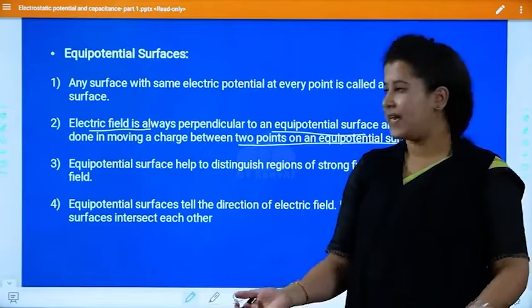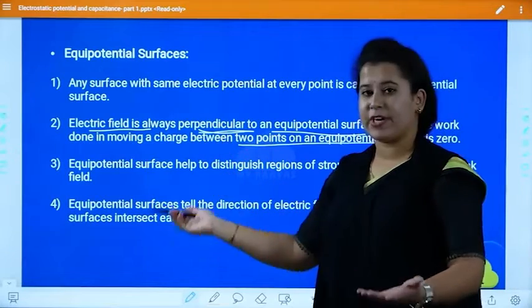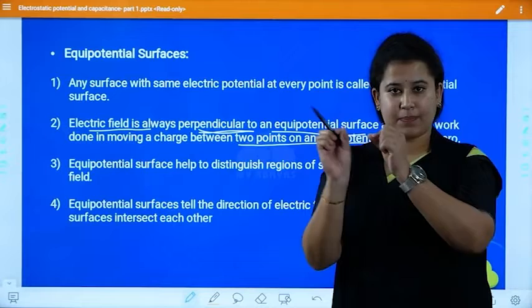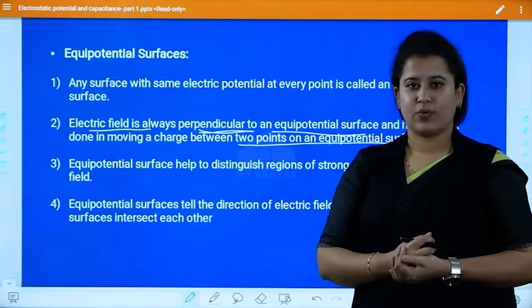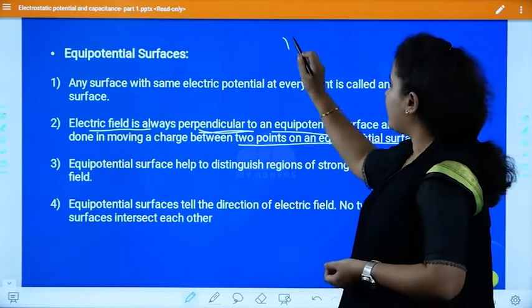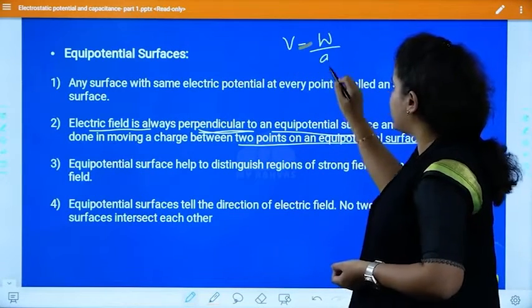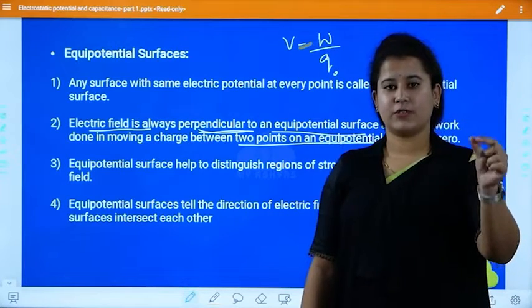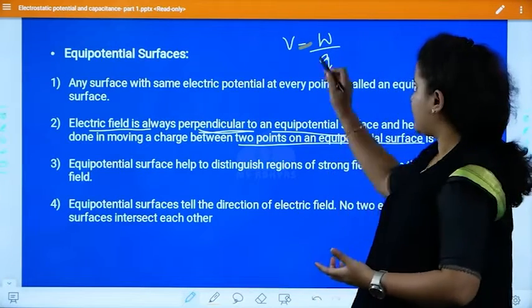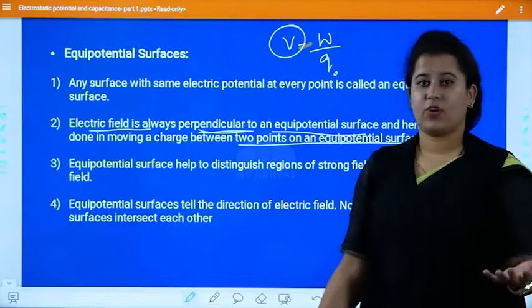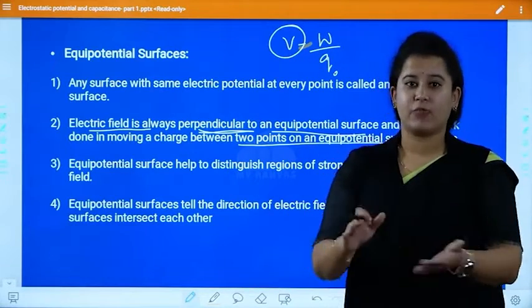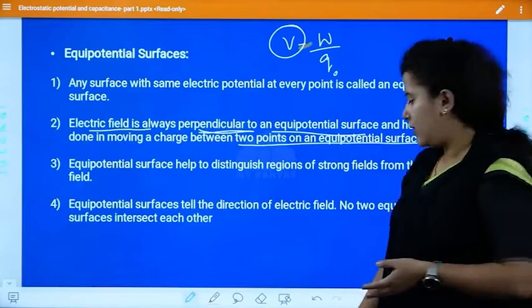Because the electric field is always perpendicular, so the work done will be 0, right? Because we know that V is equal to W by Q naught, right? If I am moving the charge perpendicular to the electric field, then the potential difference becomes 0, or you can say the potential on that equipotential surface will be the same.